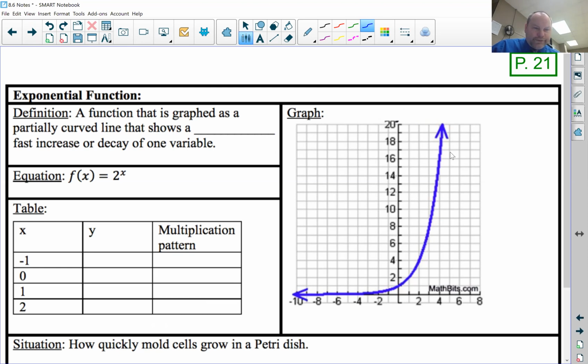So one way to describe or define an exponential function is a function that is graphed as a partially curved line that shows a very fast increase or decay in one variable. This one shows increase. If it was going to show decay, it would be just the mirror image. It would go this way. That would be decay because it's decreasing.